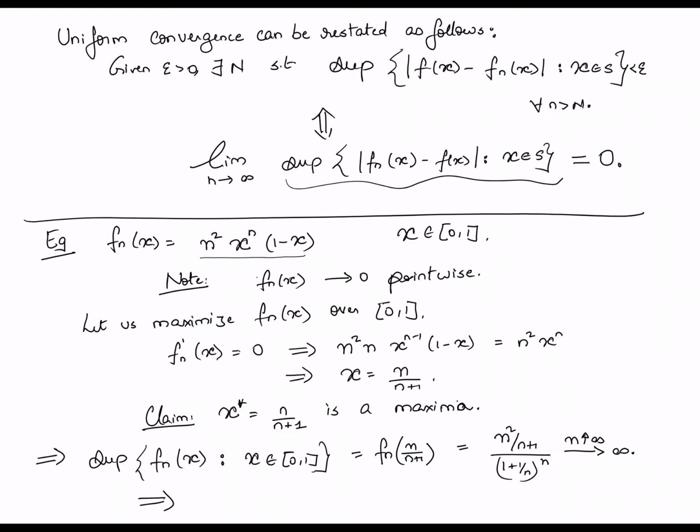So since the sup error between f_n and the pointwise limit in fact tends to infinity, mind you, you still have pointwise convergence, yet the supremum of the error actually pushes off to infinity, right? So this implies that the convergence is not uniform.